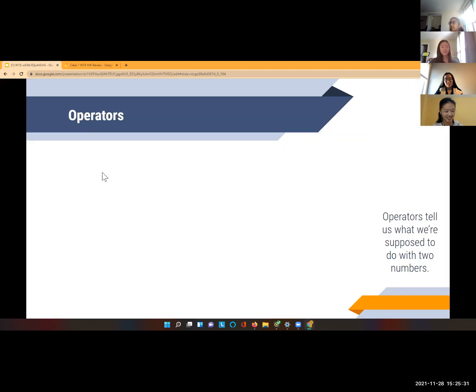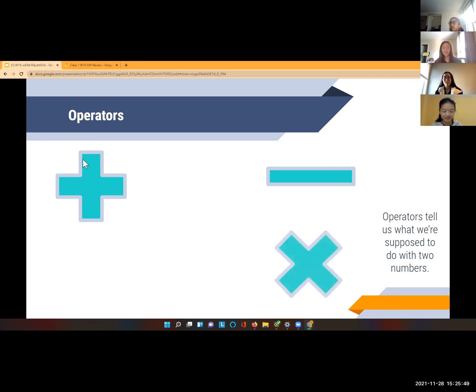Okay, so now we're gonna do some weird operations. Normal operations that we're familiar with are addition, the plus, and subtraction, which is a horizontal line. There's also multiplication, an X looking thing, and then division, our weird looking operator. But sometimes math likes to mess with you and give you random symbols as operators.